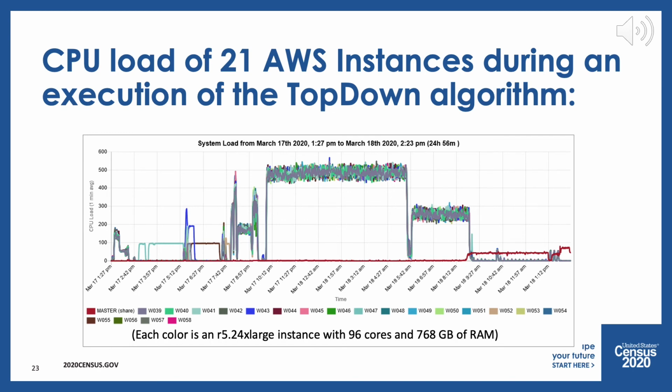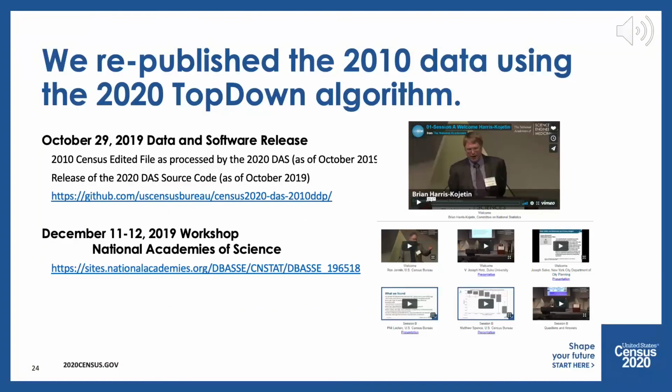To help our data users understand the impact of differential privacy, we took the data from the 2010 census, processed it with a top-down algorithm, and published it. We then had a special workshop at the National Academies of Science in December 2019 to discuss the accuracy and the errors that were in the data that was part of that release.